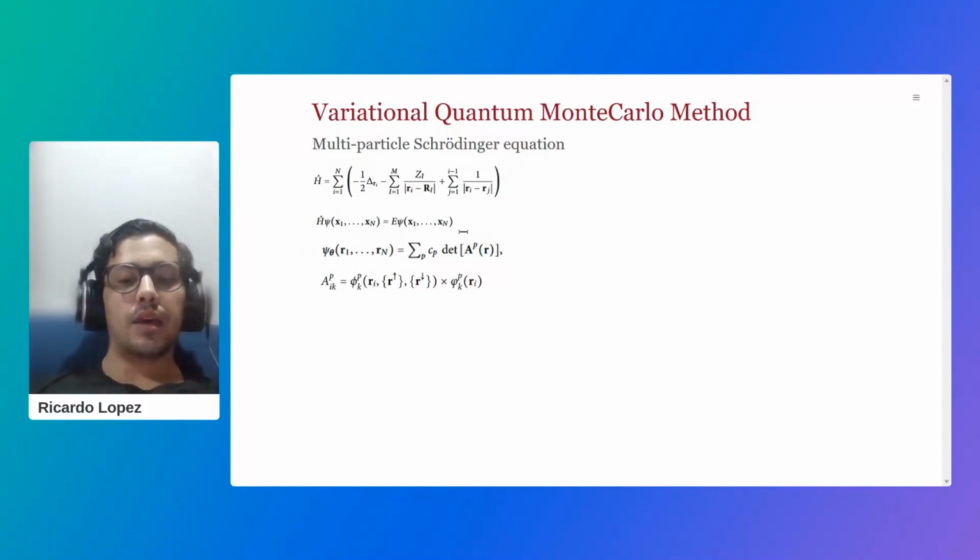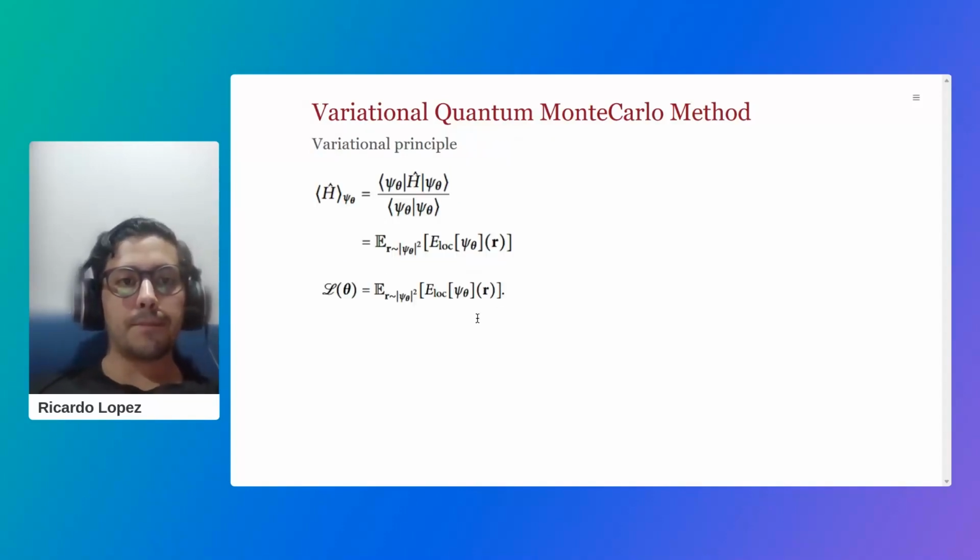The main idea here is to approximate the solution of this Schrödinger equation by proposing an answer that will depend on some parameters theta, and it will be given by a linear combination of Slater determinants that have an orbital molecular part and an envelope function part, and each of them depends on some parameters that we will train.